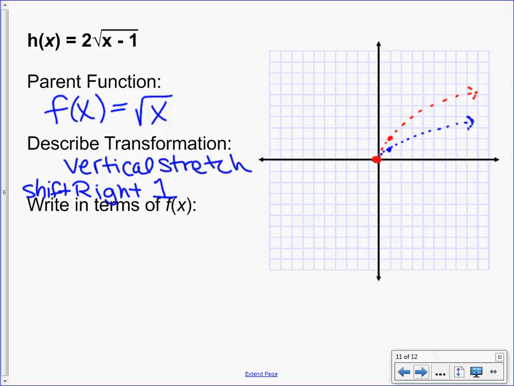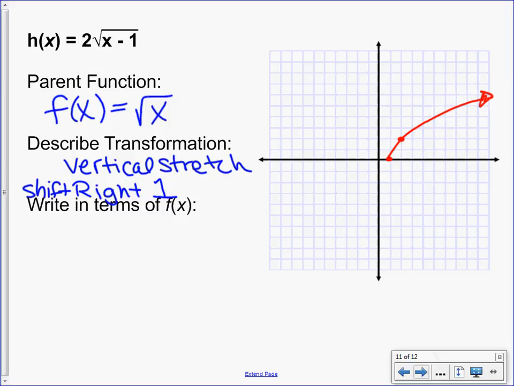We make it stretch a little bit. Then we can shift it right 1. So notice how our shooting star has a little bit more steepness to it.